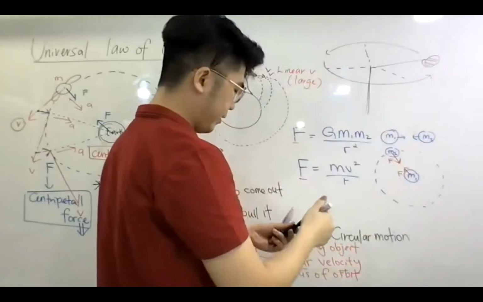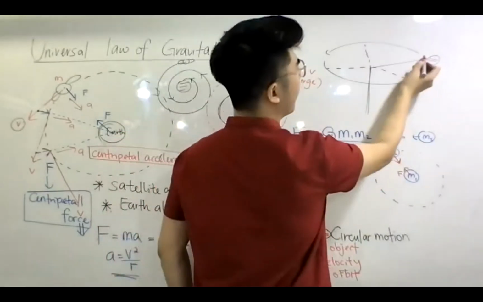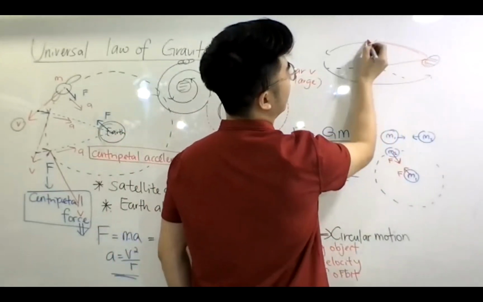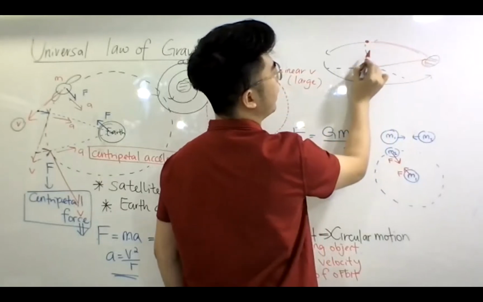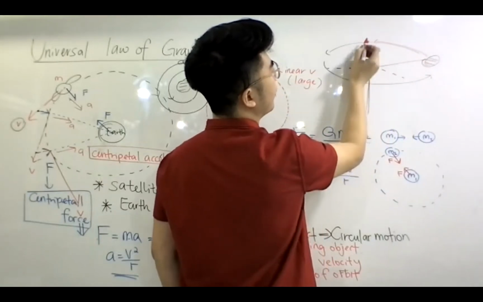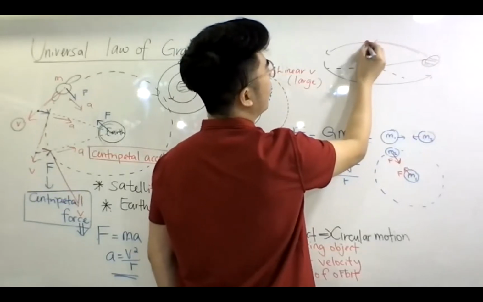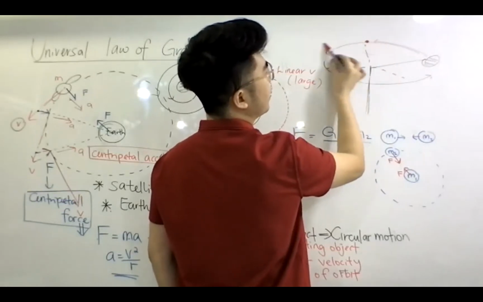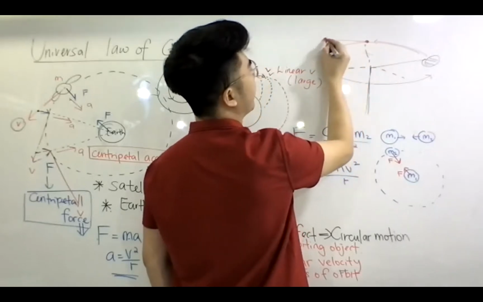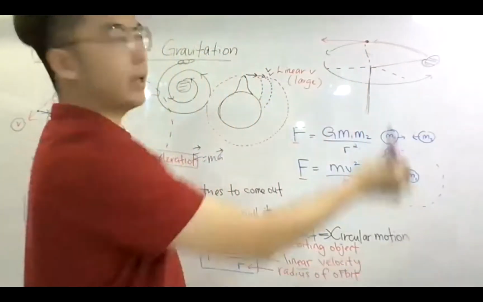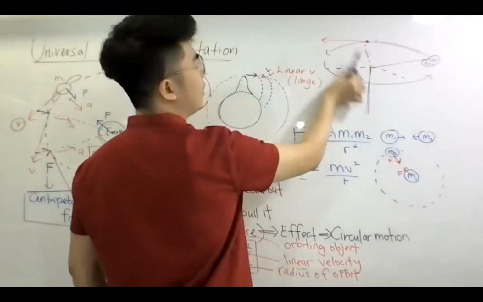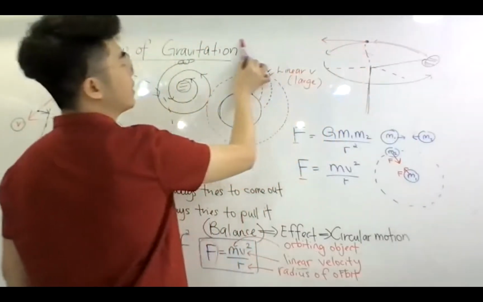Here, when the pendulum comes to this direction, and then suddenly the string breaks. What happened to this pendulum? This pendulum will continue to go in whichever direction it is facing. It will launch from here.